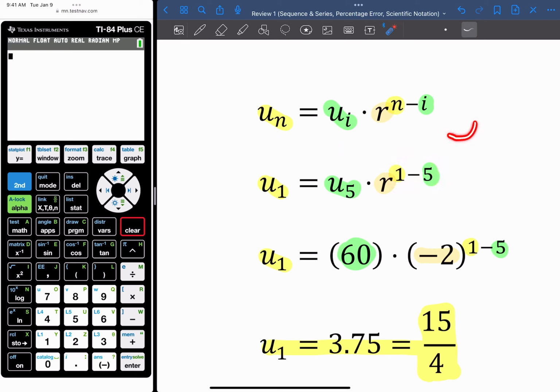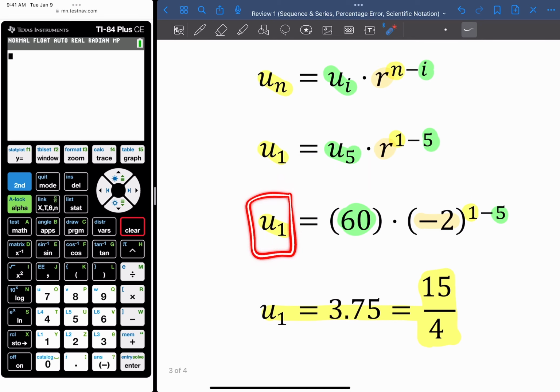Okay, I am working backwards, and that's okay. The formula accounts for that. But you can see that this is my jumps. This is where I start, and this is where I end. So what is my fifth term? 60. Good. What's my pattern or common ratio? -2. So now I have everything to find the first term.